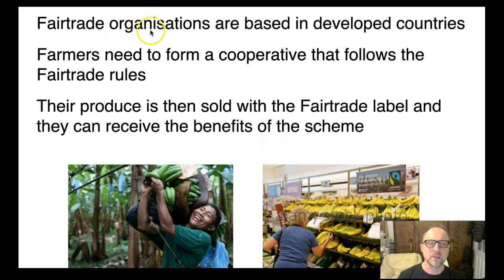Fair trade organizations are based in developed countries. Farmers need to form a cooperative that follows the fair trade rules. Then their produce is sold with a fair trade label, and they receive the benefits of the scheme.